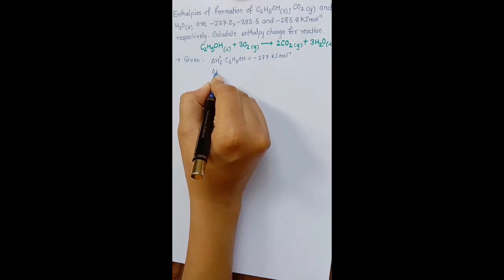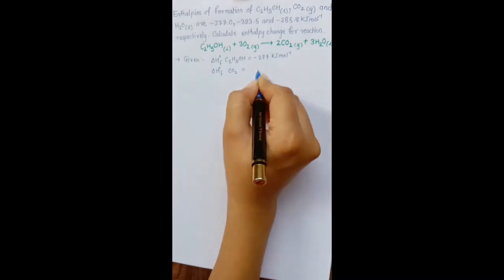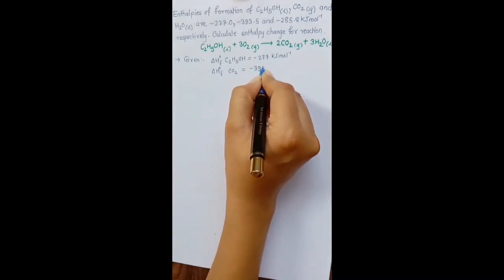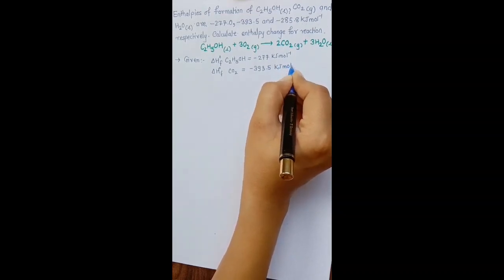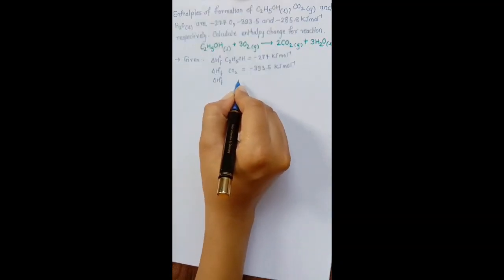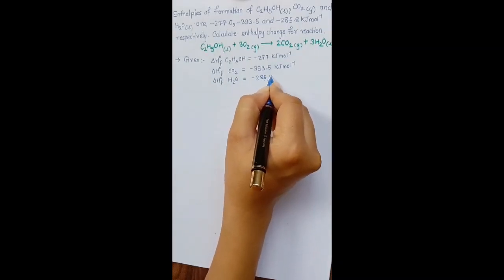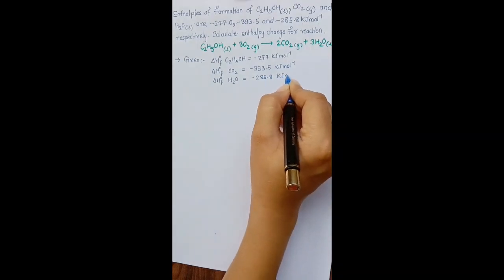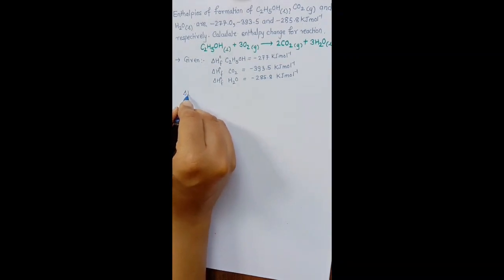Delta HF naught for CO2 is equal to minus 393.5 kilojoules per mole. Delta HF naught for H2O is equal to minus 285.8 kilojoules per mole.